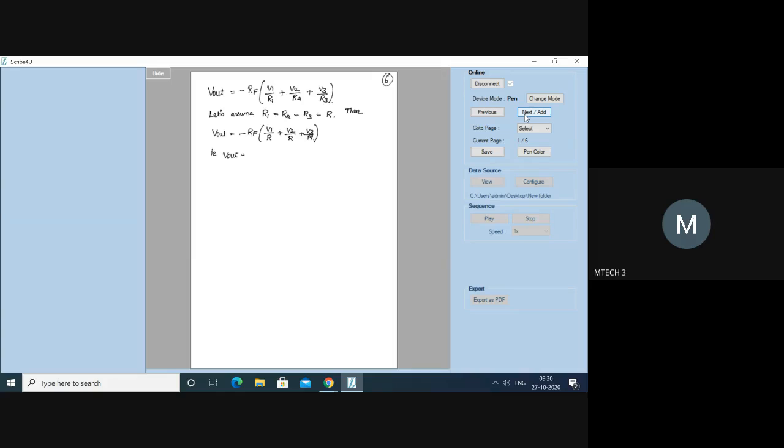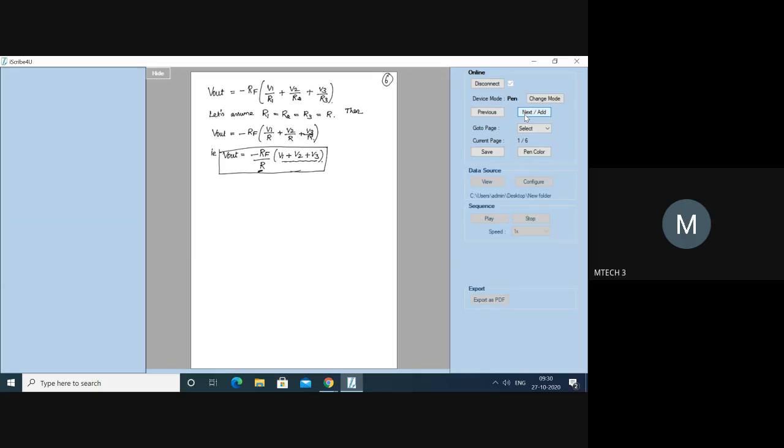V out is equal to minus RF by R into V1 plus V2 plus V3. Now, what does this actually mean? This is nothing but RF by R, the ratio of resistors.